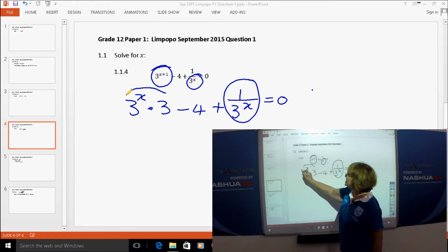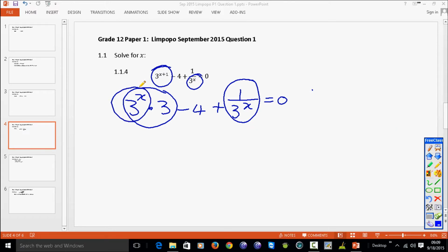So if we multiply this term with 3 to the power x, we can group these two factors, 3 to the power x times 3 to the power x.